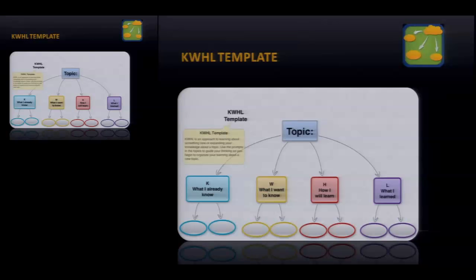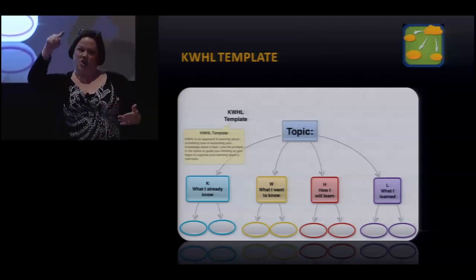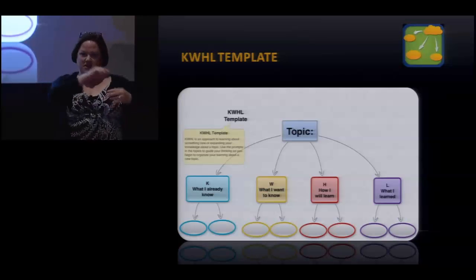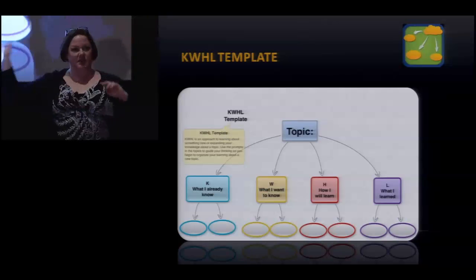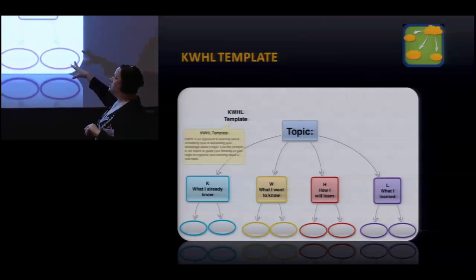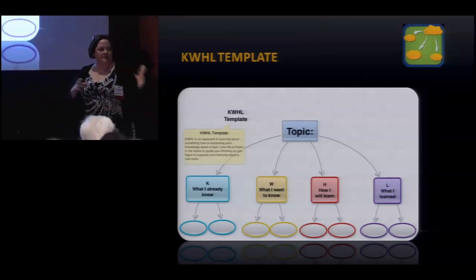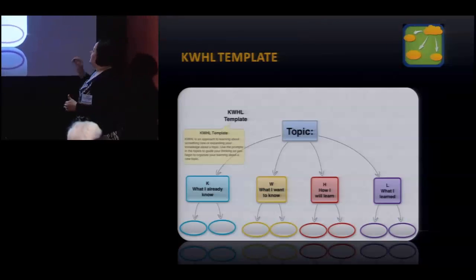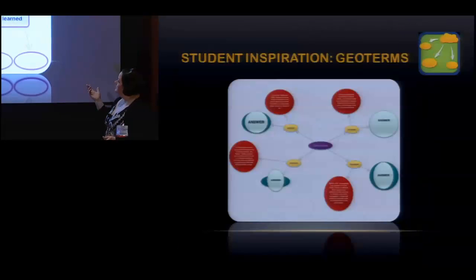Your kids who are very linear can start with an outline, 1, 1A, B, etc. The kids who are very visual can start with the concept map like this. They can just tap it and add their information in, and then they can print it or export it, etc.